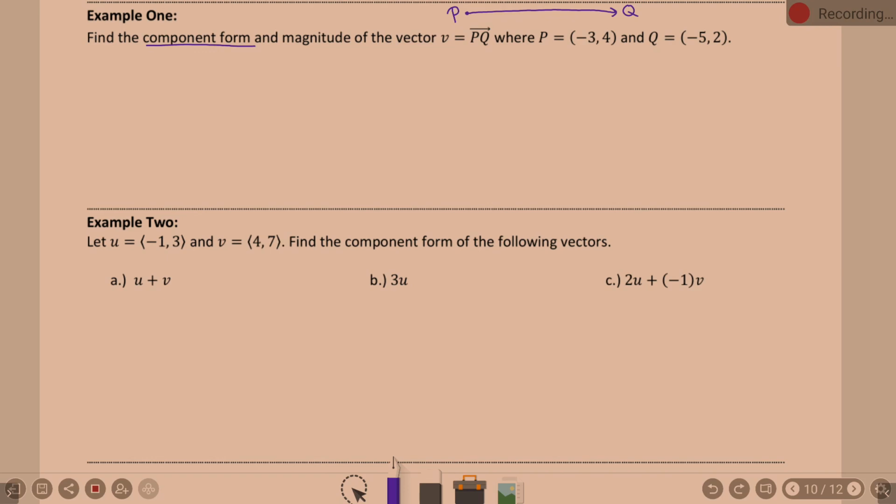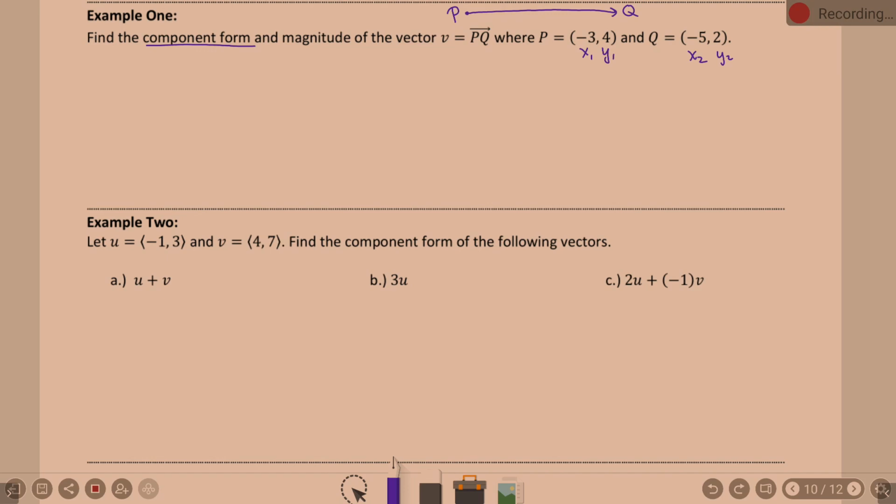Okay? And if you look at how these points are defined then, since P is the initial point, we're going to call that x1, y1. And that makes Q x2, y2.